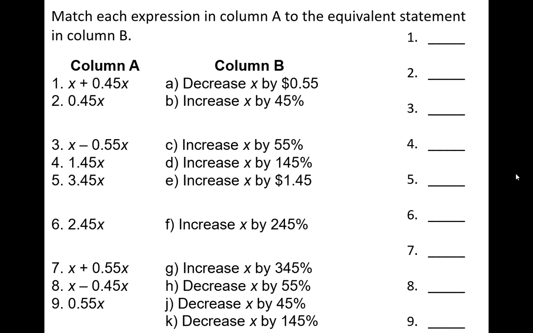It says match each expression in column A to the equivalent in column B. X plus 0.45x, that increases x by 45%, because you're going to get 1x plus an increase of 45%.